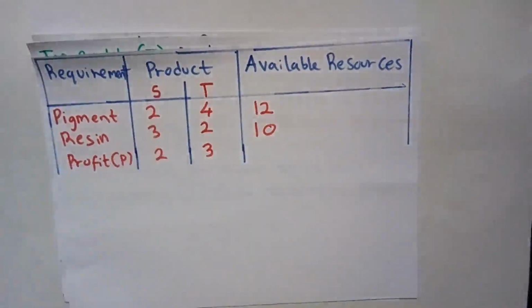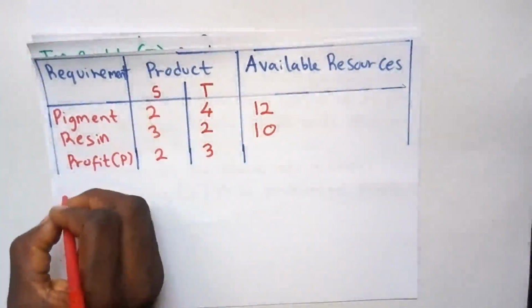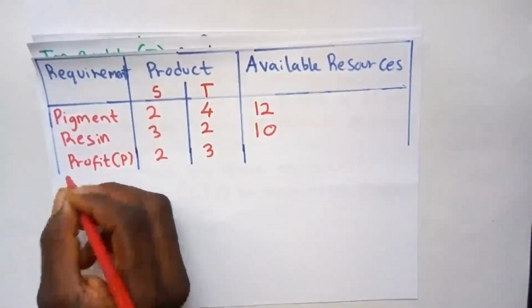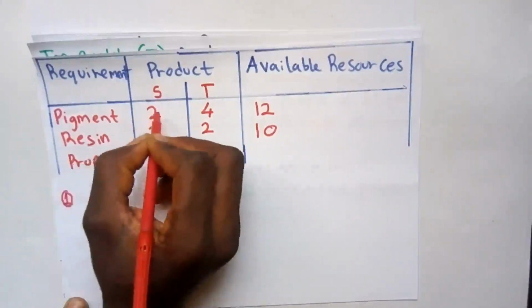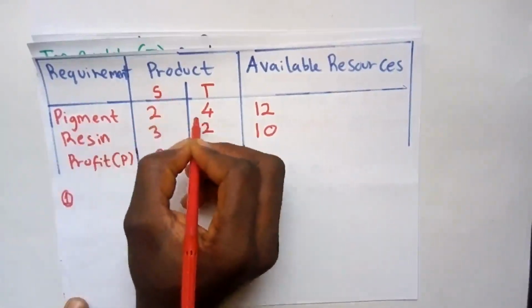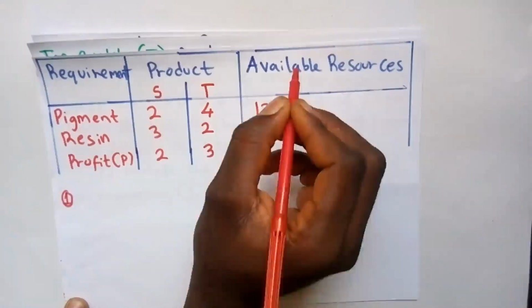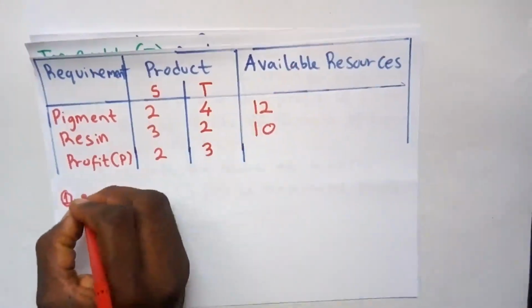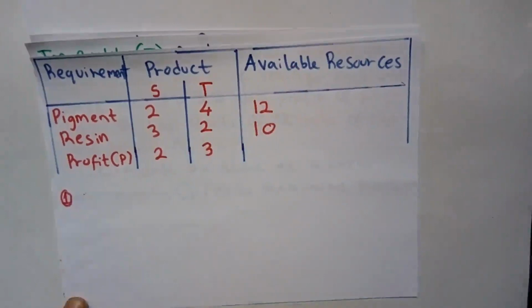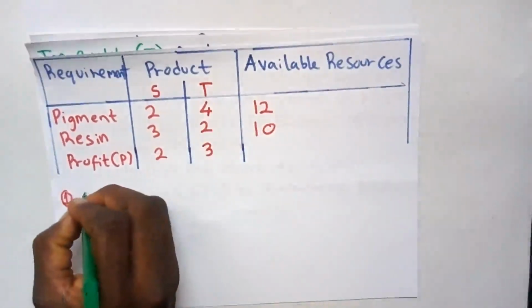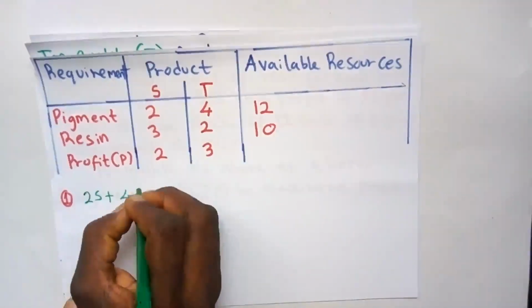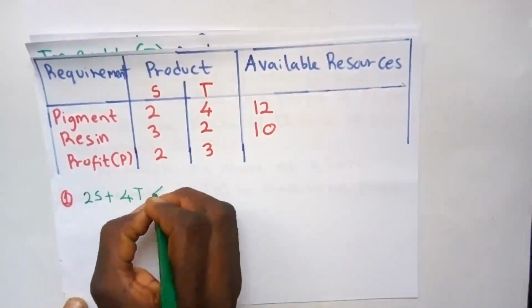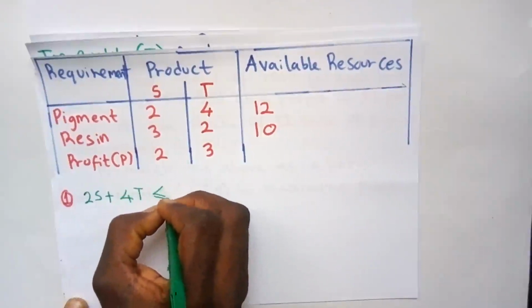This is the way to get your equations. To get your first equation of constraint, look at what to do: 2s plus 4t is less than or equal to 12. You are using less than or equal to because it is a maximization problem.